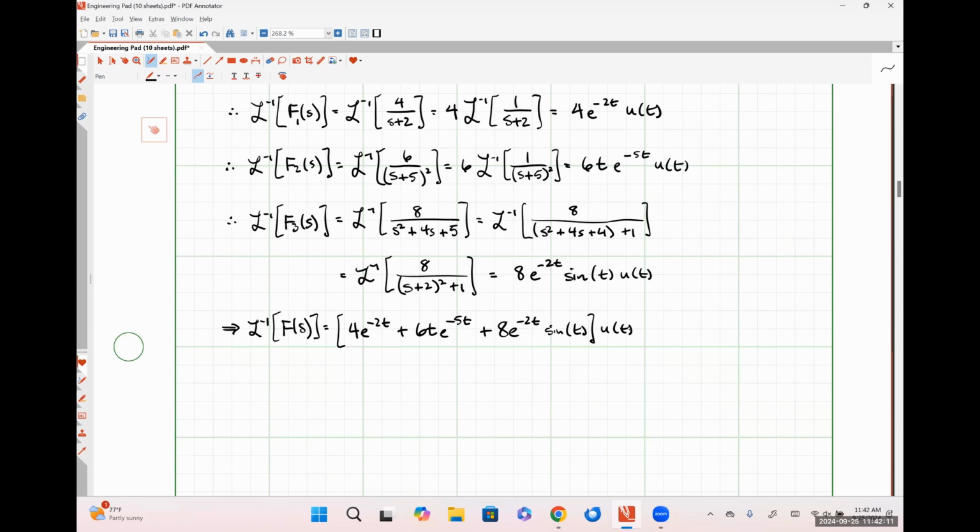So this process is fairly straightforward. I say fairly, we did have to get a little bit creative with a couple of things, but it is fairly straightforward if our function F of s is expressed as the sum of a series of smaller terms that have well-defined inverse Laplace transforms.